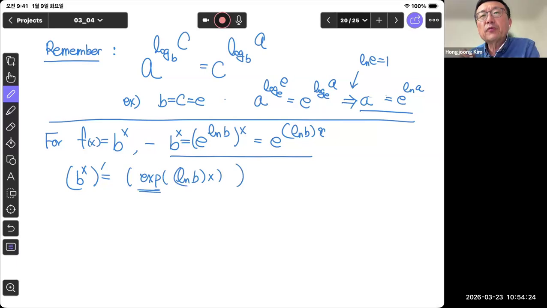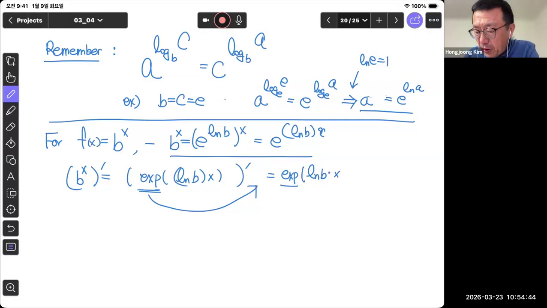So this exponential function is the outer function. So you differentiate the outer function. If you differentiate the outer function, you get the same e to the x function. So you evaluate this derivative at the inner function ln b times x, and then you need to multiply that by the derivative of the inner function. The inner function is a constant multiple of x, like 2x, 3x, 5x.